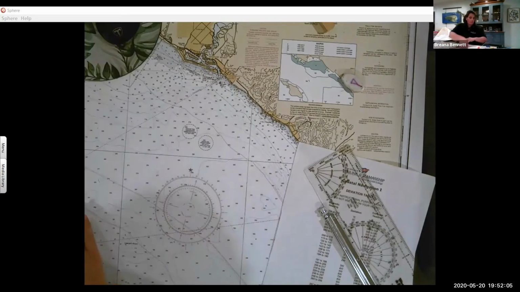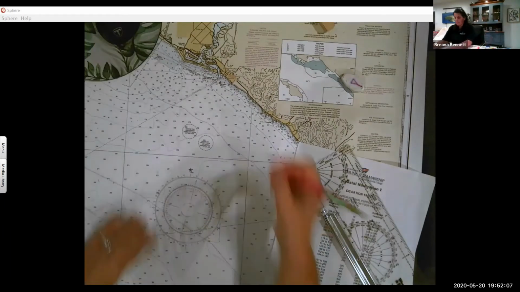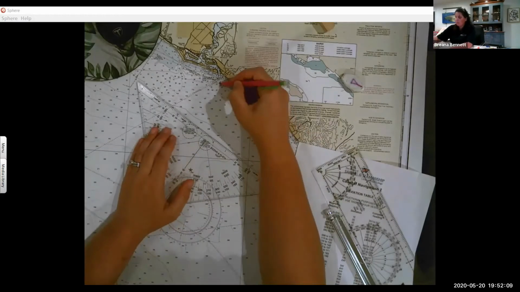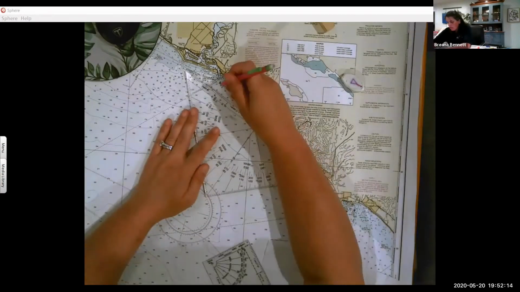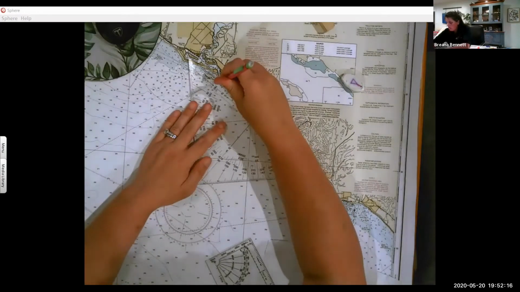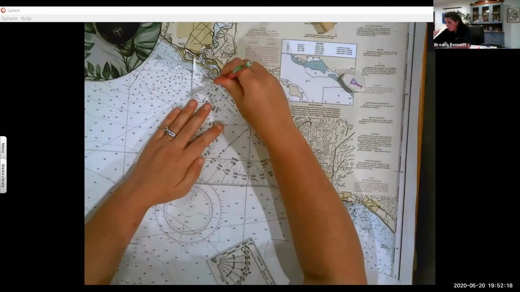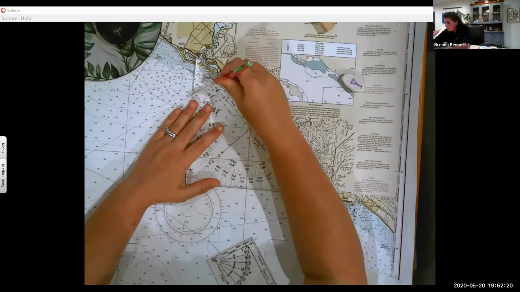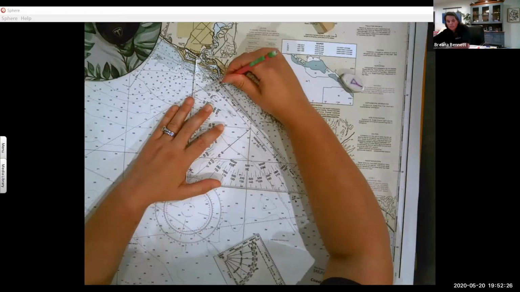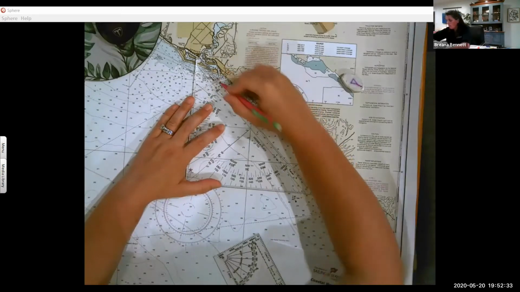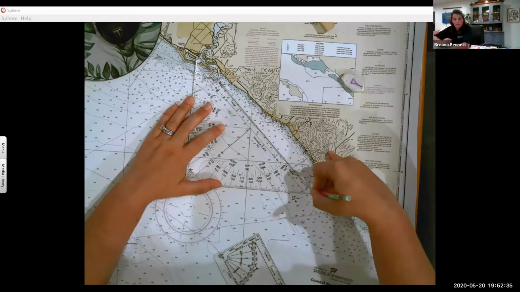Find my pencil. So from the NWP buoy, we are going 136 true. I just have my pencil on the NWP buoy, and I put my focal point on the meridian, I have 136, and I draw in my line.